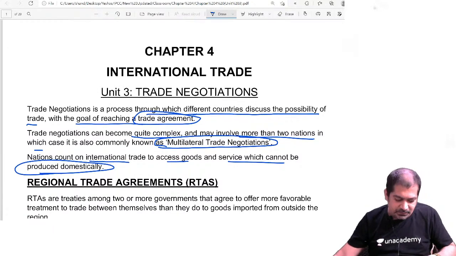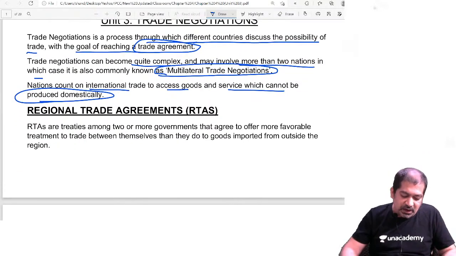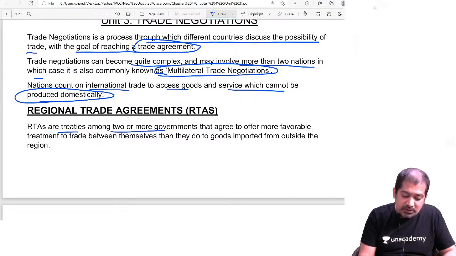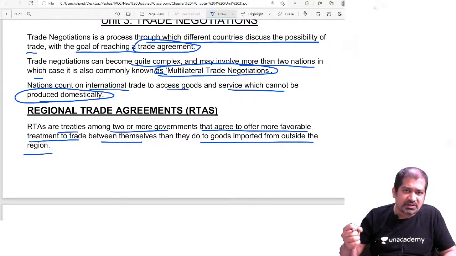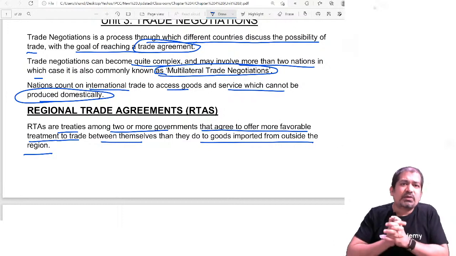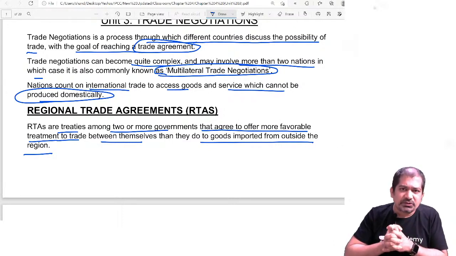So next, regional trade agreements are treaties among two or more governments that agree to offer more favorable treatment of trade between themselves than they do to goods imported from other regions. For example, BRICS (Brazil, Russia, India, China, South Africa), BIMSTEC (Bay of Bengal Initiative for Multi-Sectoral Technical and Economic Cooperation), Asia Pacific Economic Cooperation, or OECD countries (Organisation for Economic Co-operation and Development) enter into a negotiation, and they come up with a multilateral agreement.